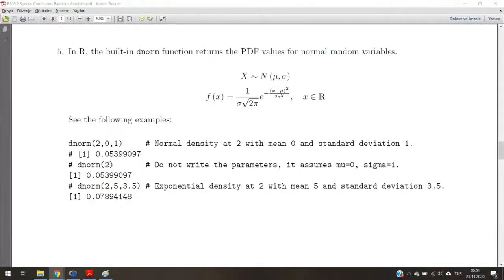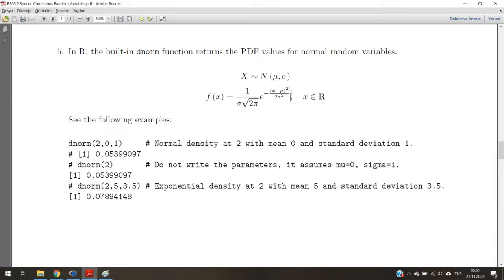Okay, so in this video, we are going to learn about the built-in functions related to normal distribution in R. Again, just like in all previous examples, we are going to use the prefix d to represent the probability density function for normal distribution, and dnorm will help us to calculate the probability density function of the normal random variable, which is here, which is a complicated function with an exponential function which has a quadratic function in the power.